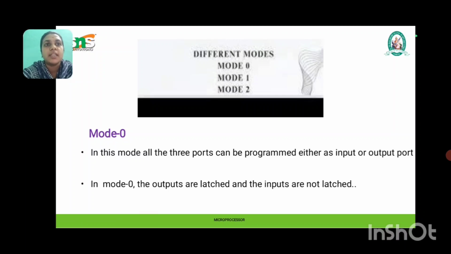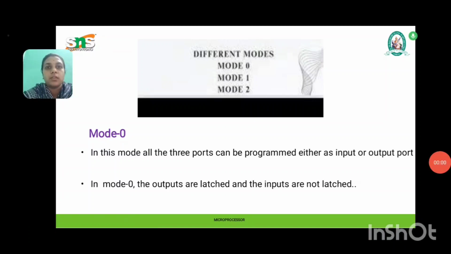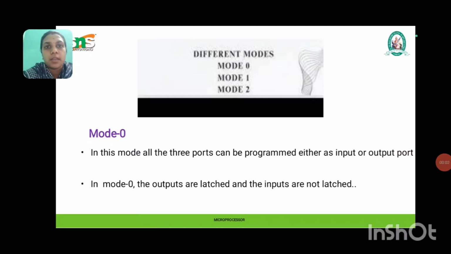The ports in mode 0 can be used to interface DIP switches, hexa keyboards, LEDs and 7 segment displays to the processor. So, these are the mode 0 examples.